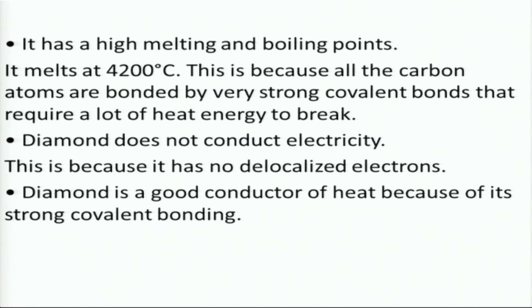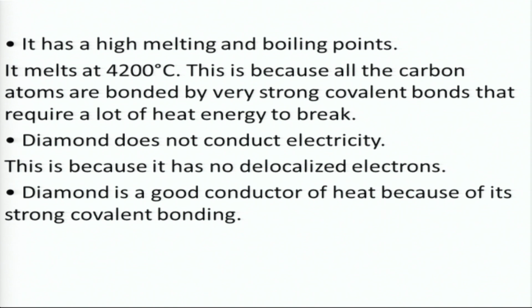Class, this means that in the structure of diamond, each carbon is bonded to 4 other carbons by a strong covalent bond. So this makes diamond the hardest substance, whereby to break the bond, when you're heating or melting this diamond, it needs a high temperature.